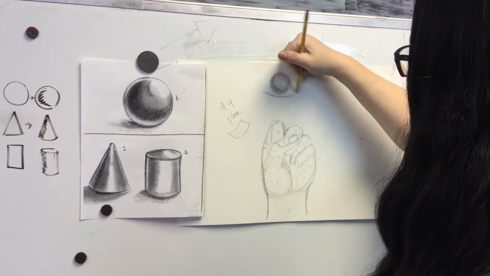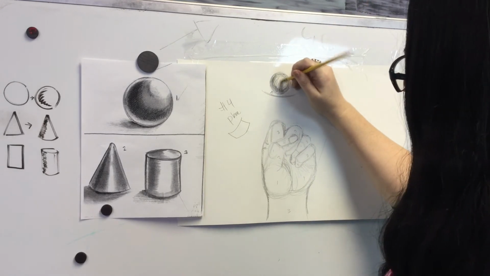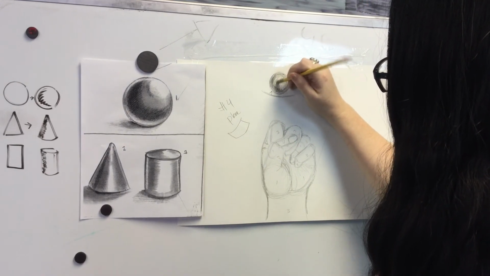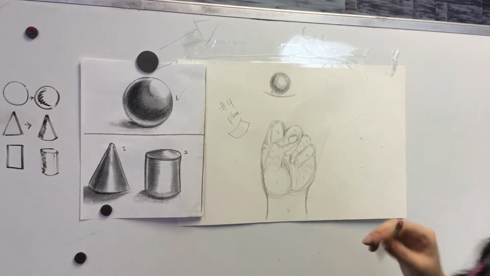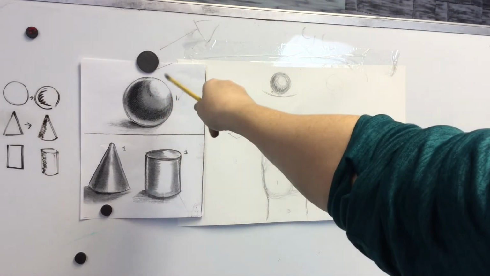Remember, we have to remember if there's something underneath that reflects light back up, okay? And then my brightest spot will be more towards the kind of middle top area like that. So it'll be a little bit different than this one right here, correct?